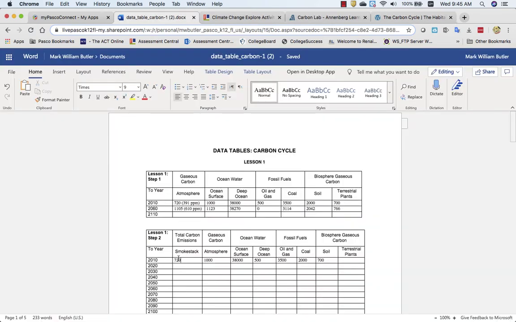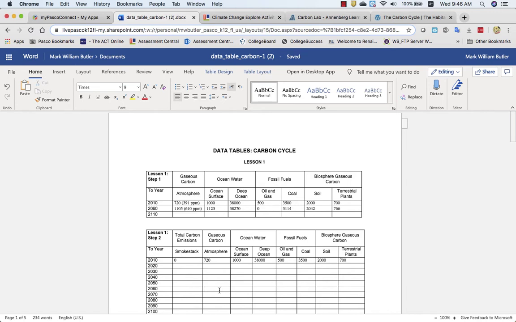So this value would actually be 0, okay? This is the one that would be 720, 1,000, 38,000, 500, 3,500, 2,000, and 700. Okay? And then you would repeat these numbers 2060 down here in this value, but you're going to have to run the simulation just to get this value, okay, to put it in there.